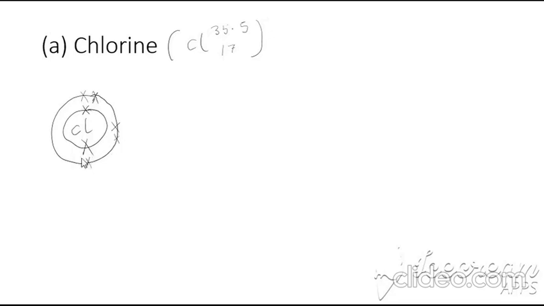So 2, 4, 6, 8, plus this 2 inside, that's 10. 10 you subtract from 17, we're remaining with 7 electrons. The third shell should have how many electrons? 8 electrons. So we're having 7 in the third shell.